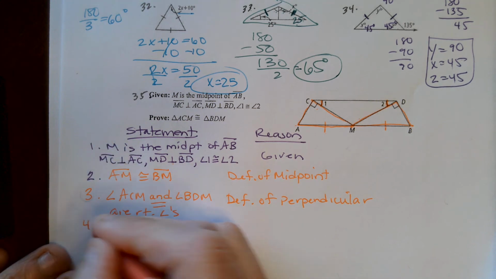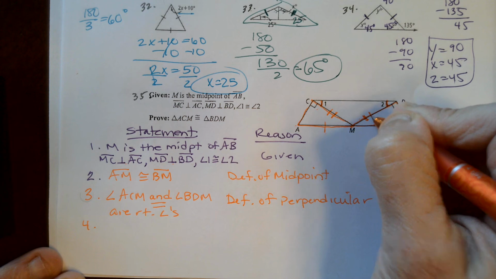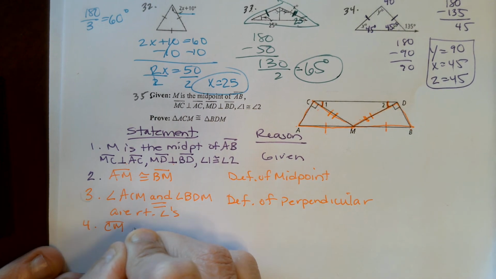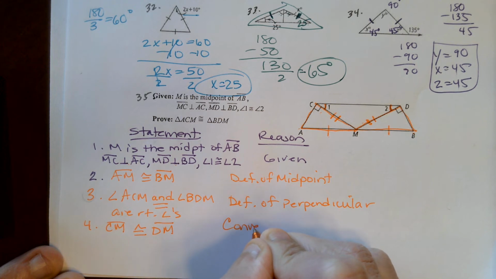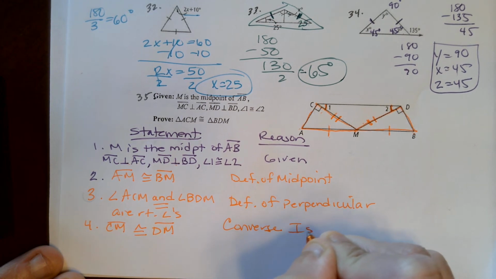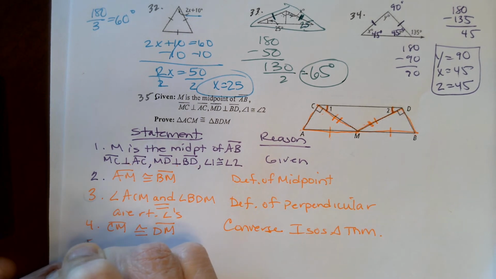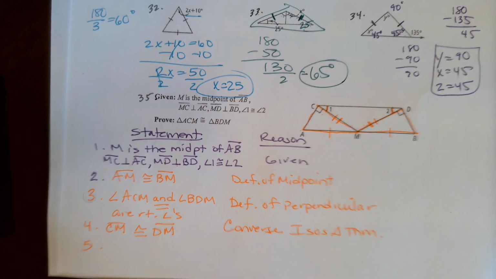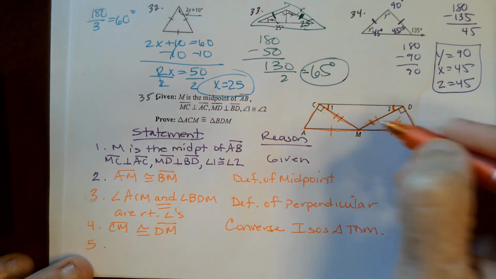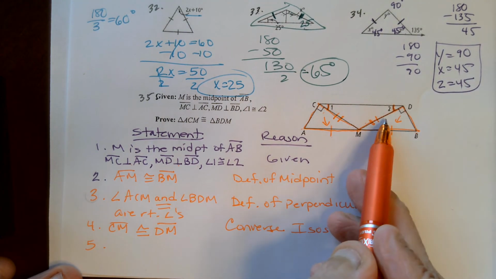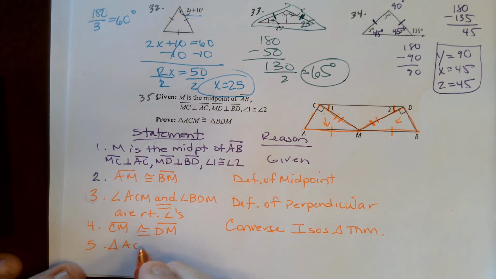Yes, not the isosceles, the converse, right? So we can say those two are the same. CM is congruent to DM by the converse of the isosceles triangle theorem. Good. And then, do we finally have it? Hypotenuse, is that the hypotenuse? Yes. And a leg of two right triangles. Yay! We did it.